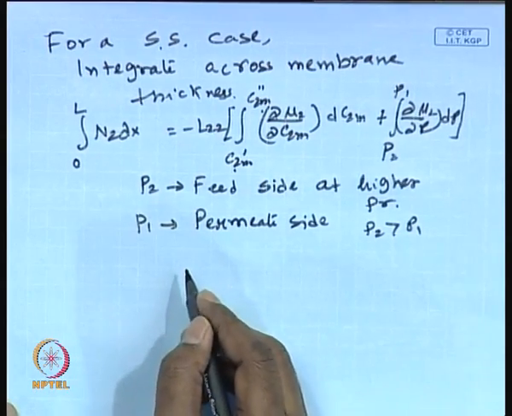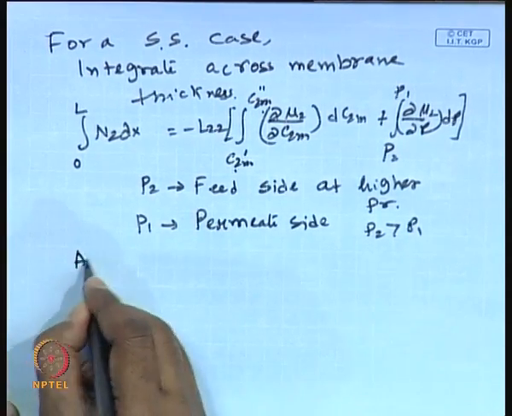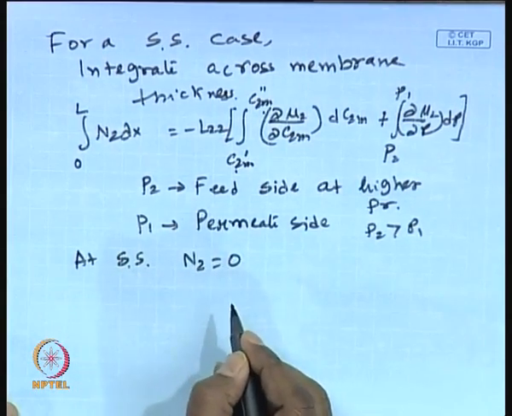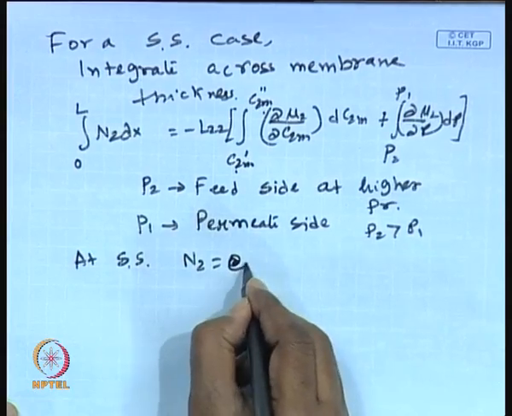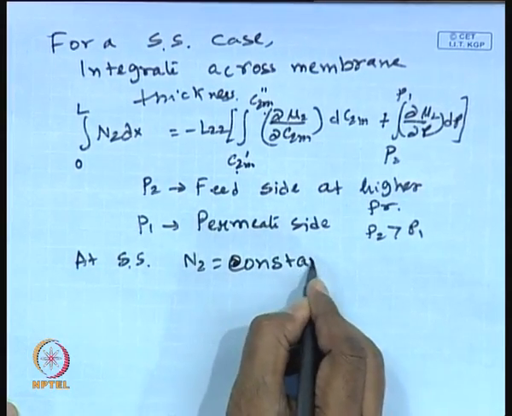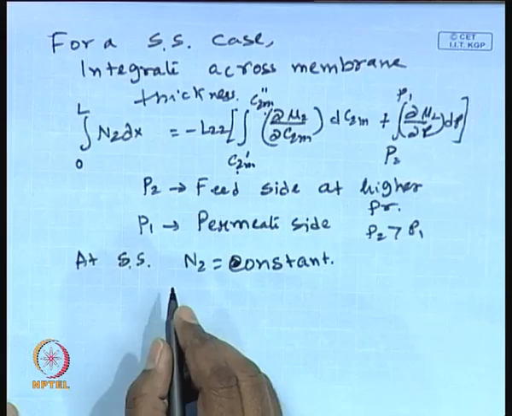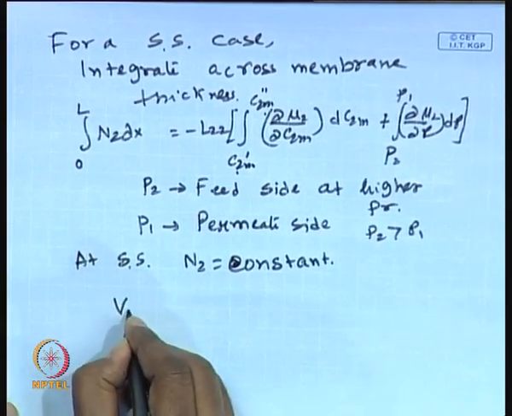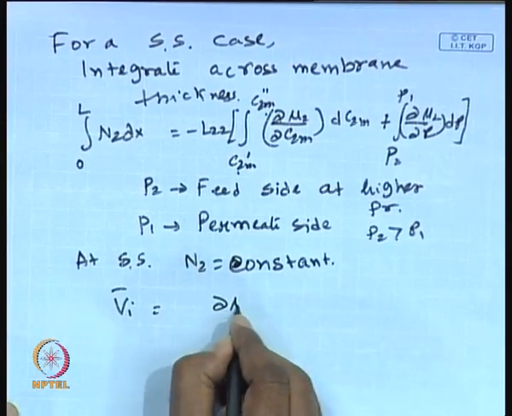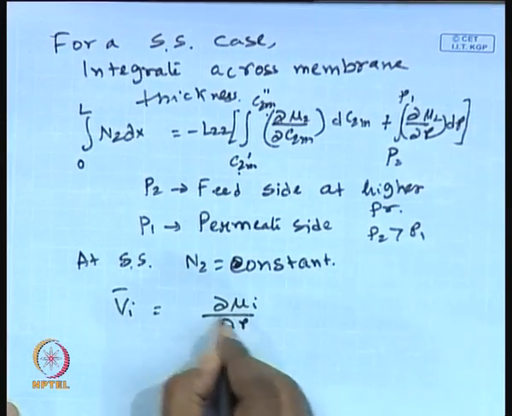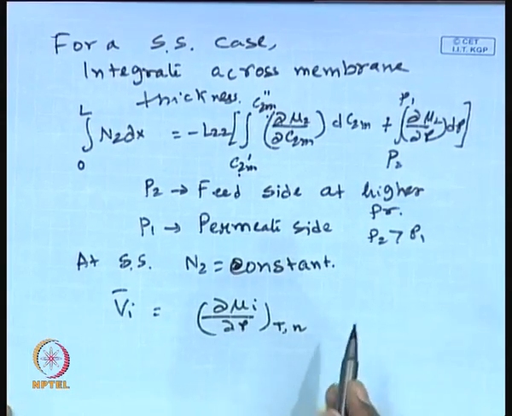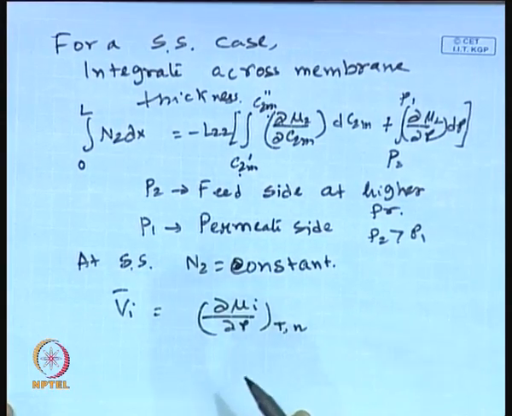Now, at the steady state N2 is constant. And now, we invoke the definition of partial molar volume: V_i bar is equal to del mu_i del p for a constant temperature and species concentration. Let us integrate it out and see the result.